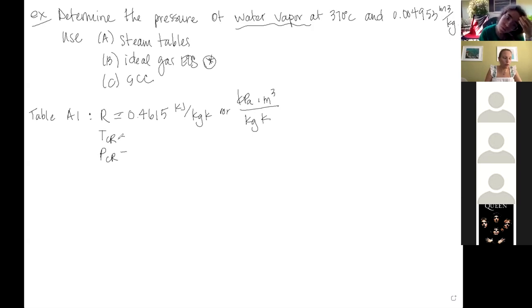Our critical temperature for water is 647.1 Kelvin, and our critical pressure is 22.06 megapascal. These are all from table A1.